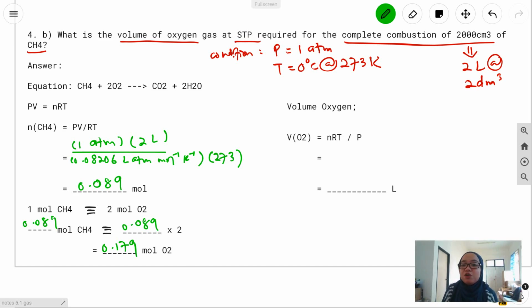So now we can find the volume of oxygen, right? We know that PV is equals to nRT.